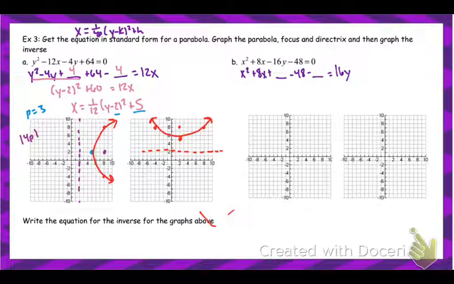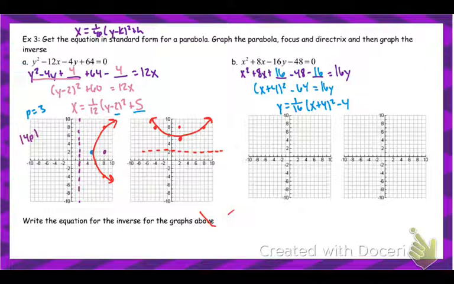Number that goes in the blank, 8 divided by 2 squared is 16. That's a perfect square trinomial. Negative 48 minus 16 is going to be negative 64. Divide everything by 16. And my equation is in standard form.